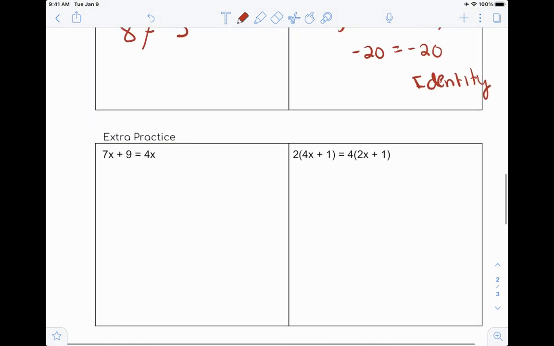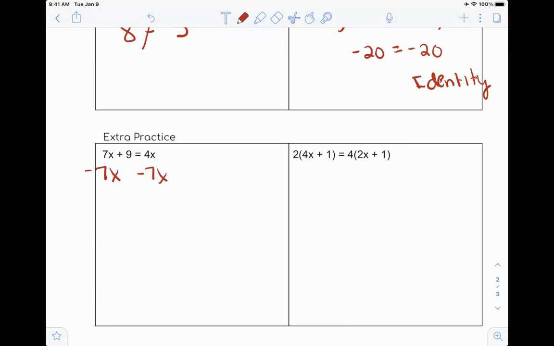All right, I'm going to ask you to try a couple of the extra practice problems. In this extra practice problem, if you move the smaller variable, it is going to put a 0 on the right-hand side of the equation. So in this case, it might be easier to subtract 7x from both sides.